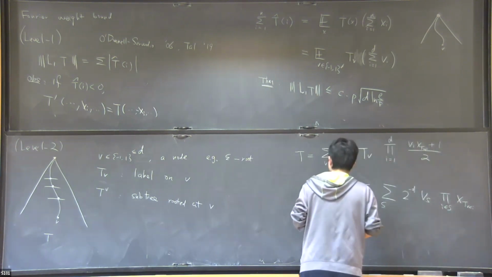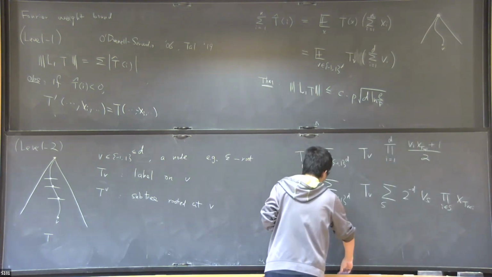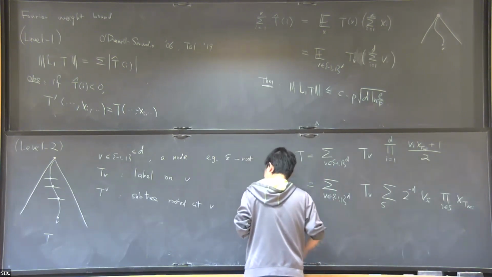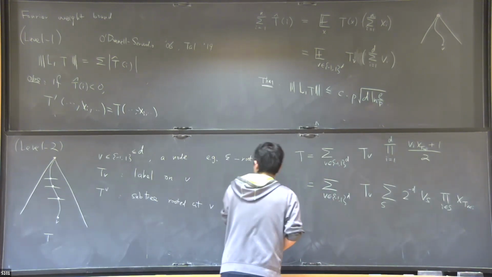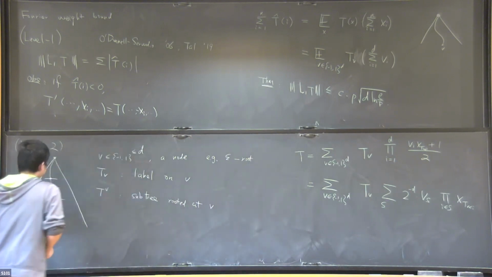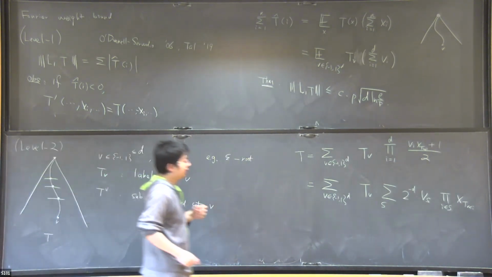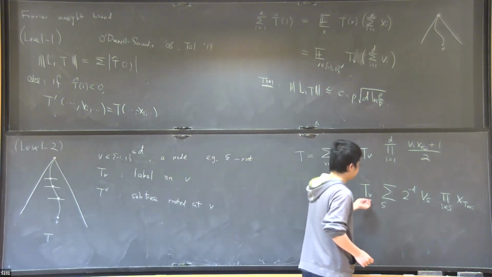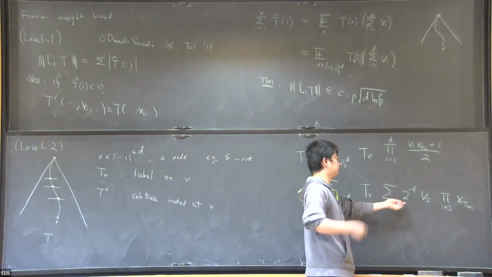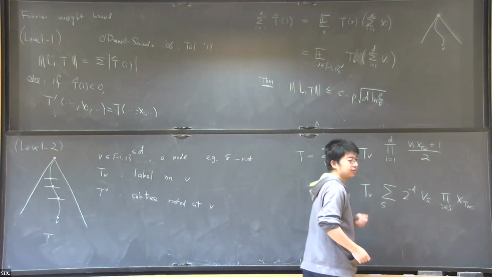I want to mention this because I will be talking about the contribution to the Fourier weight by a set of nodes. And when I say that, it has a precise meaning, which is just T_v times 2 to the minus d times v_S.